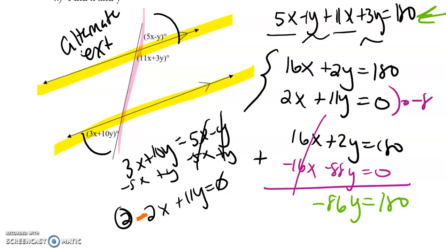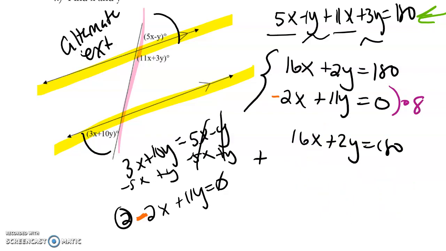So, looking back, this should have been a negative 2. And then I didn't need to multiply my equation by a negative 8. I just had to multiply it by an 8. So I'm going to fix my work here. So that should have been a negative 16x plus 88y is equal to 0.